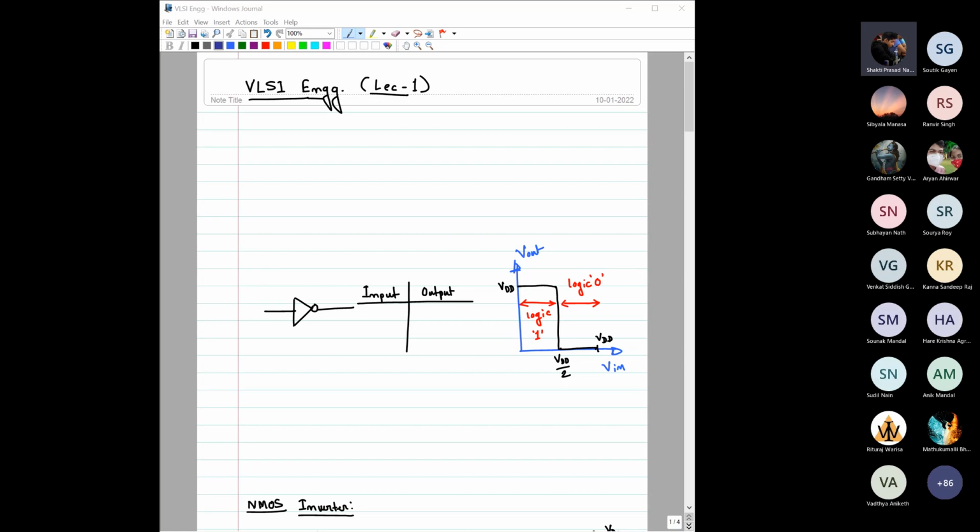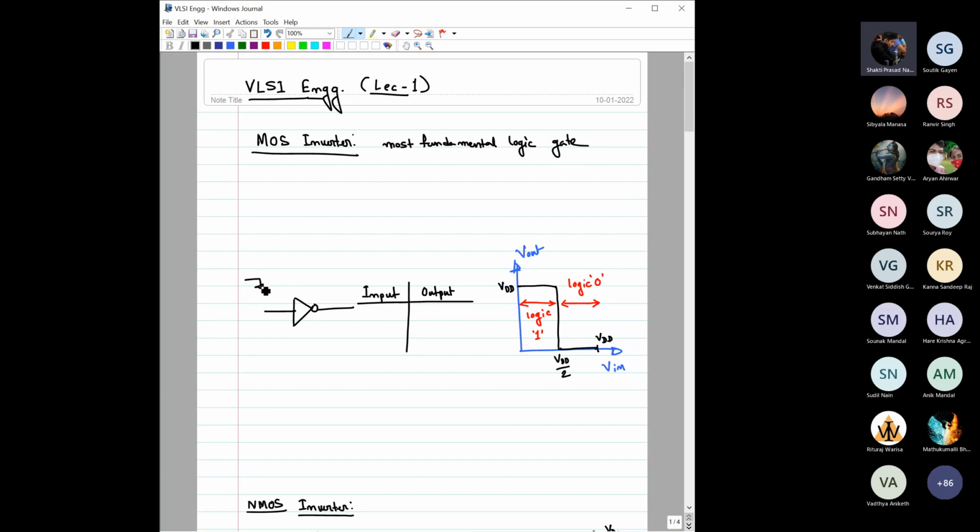Right. So when I say this MOS inverter, I think all of you are already familiar with the MOS inverter. So MOS inverter is, let me write it, MOS inverter, right? So this is the most fundamental logic gate. So a couple of things I will also write here as discussed, right?